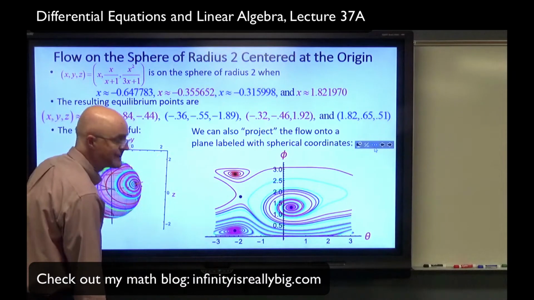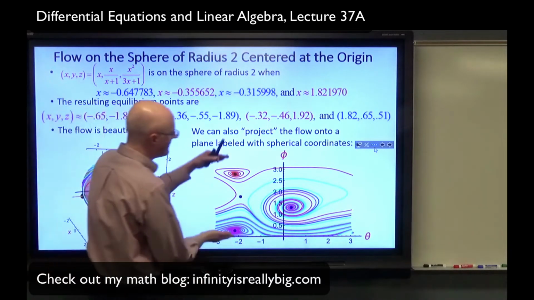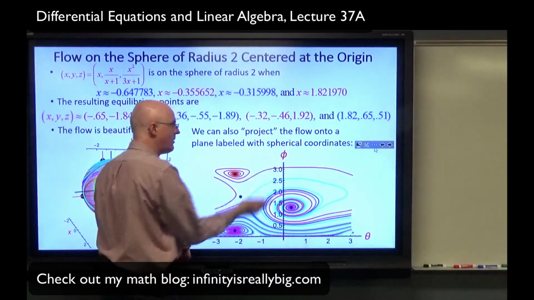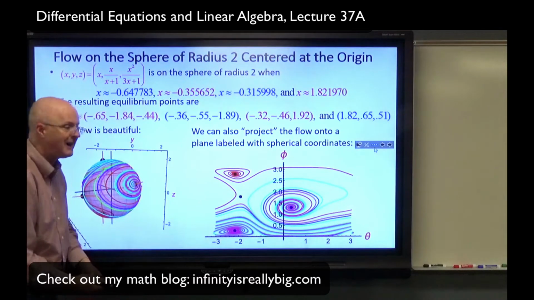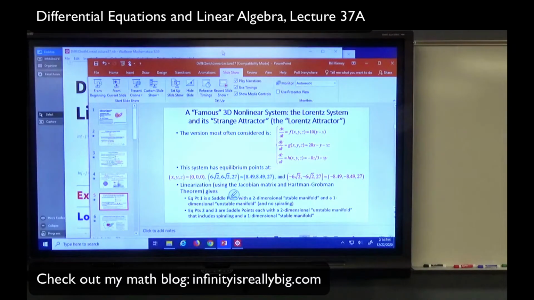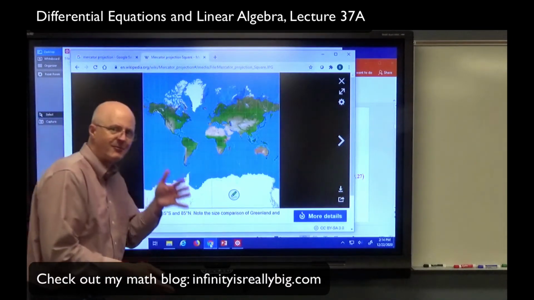And when phi is pi, 180 degrees, you're down at the South Pole. Effectively, these 2 horizontal lines correspond to the North Pole down here and the South Pole up there. It's inverted. I didn't have to do it that way, but that's a standard thing to do with spherical coordinates. This, by the way, does correspond to the Mercator projection of the map of the Earth, this kind of thing, except inverted, okay?